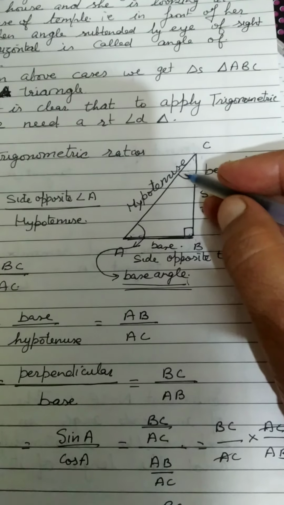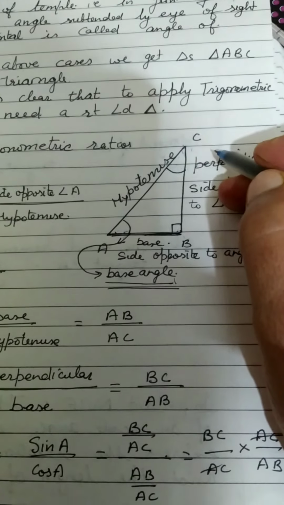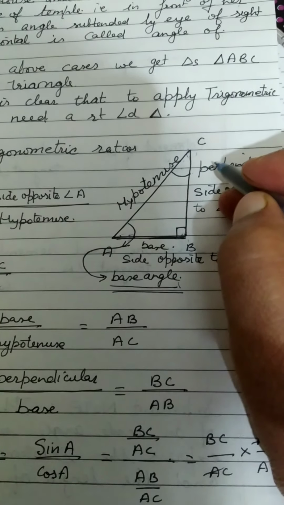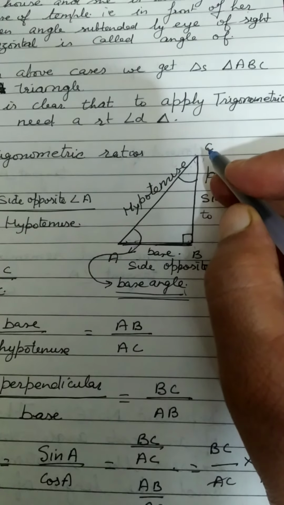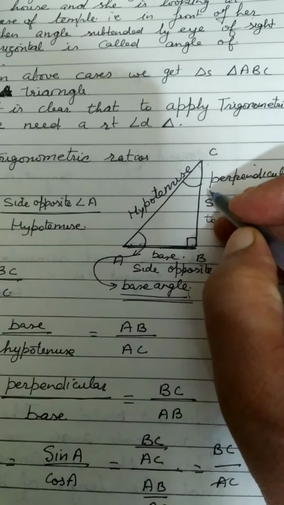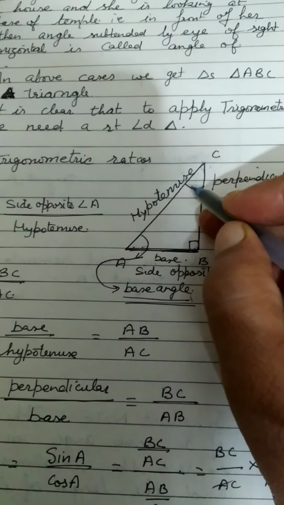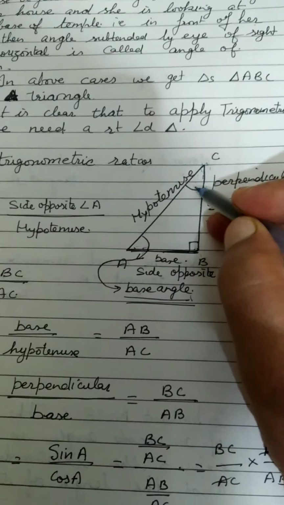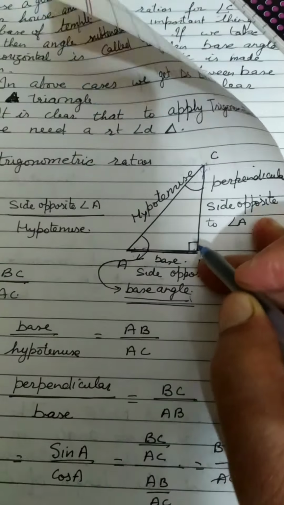Meaning when we are to find the trigonometric ratios of sine C, cos C, secant C, cosecant C, tan C, etc., because we are pronouncing the angle C, the base angle is C and the perpendicular is in front of C. Then AB will become the perpendicular.